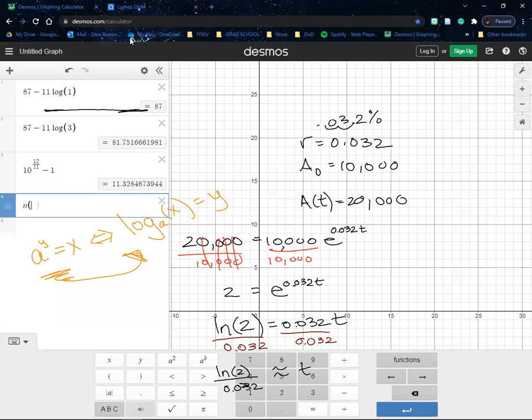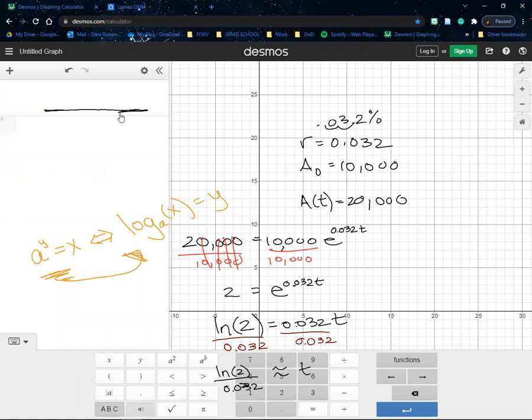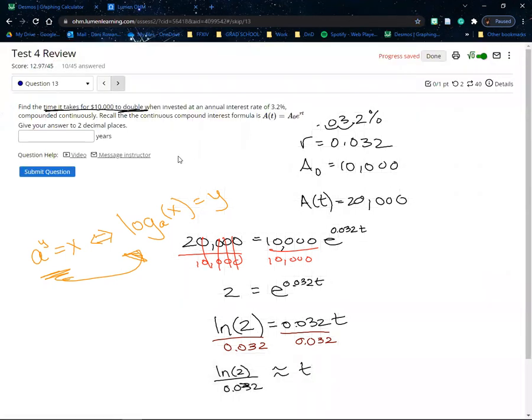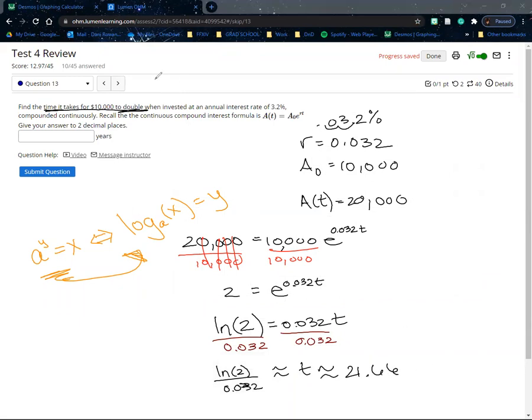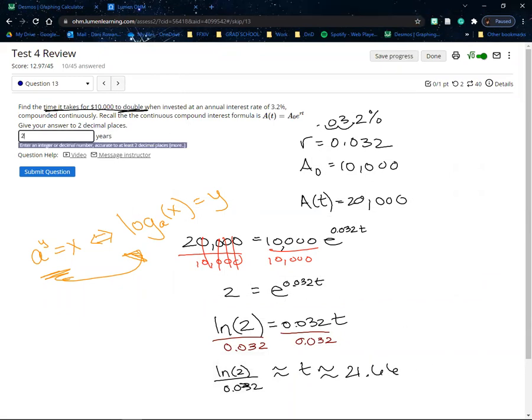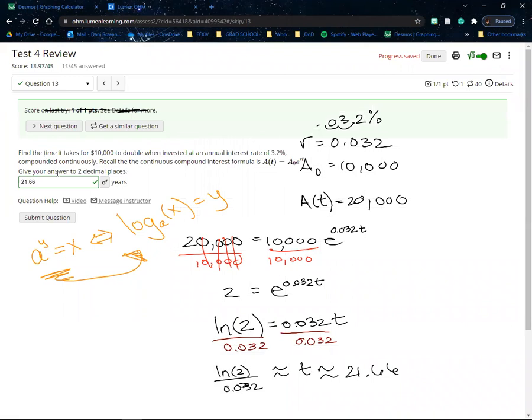So natural log of 2, and we're dividing it by 0.032. So we got 21.66, so this is approximately 21.66. So it's going to take approximately 21.66 years for that money to double.